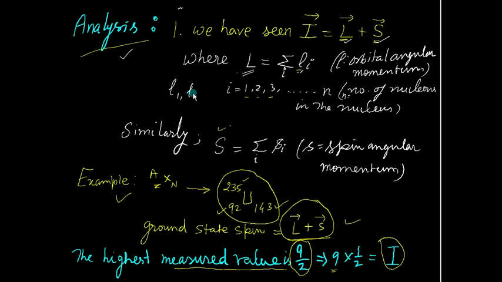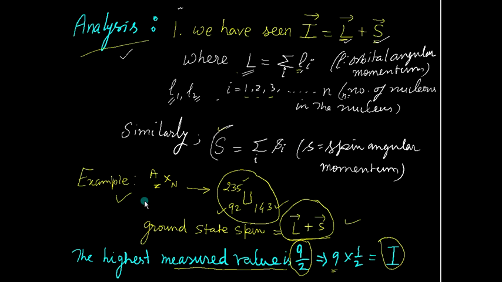L1 or L2 represent the orbital angular momentum of the first nucleon, the second nucleon, and similarly the third nucleon. Similarly, one can determine the value of total spin angular momentum by adding the spin angular momentum of all the nucleons.